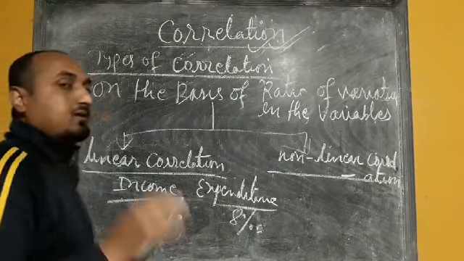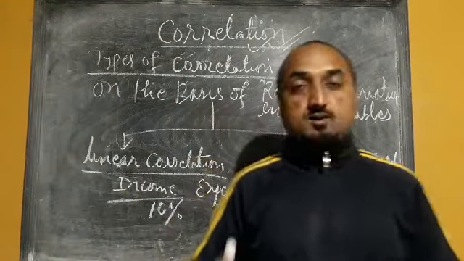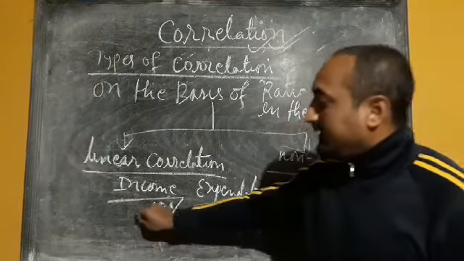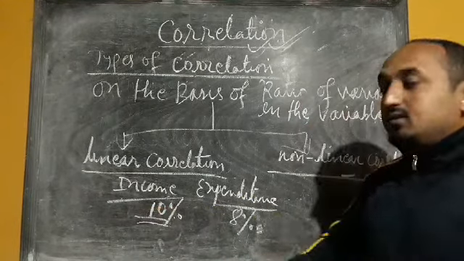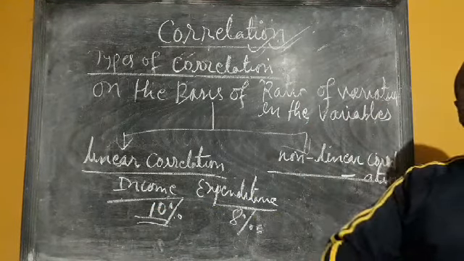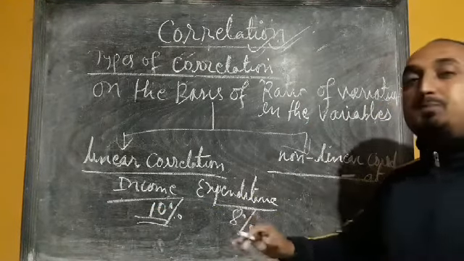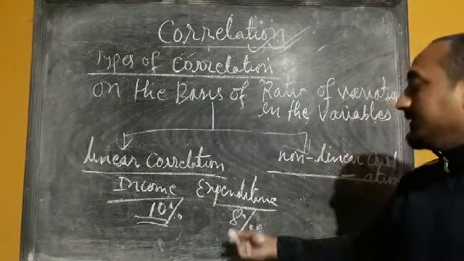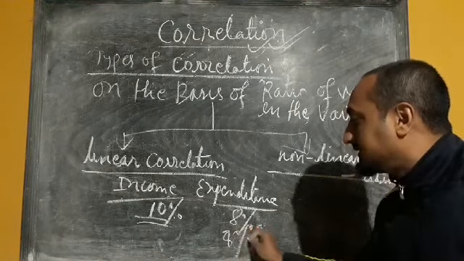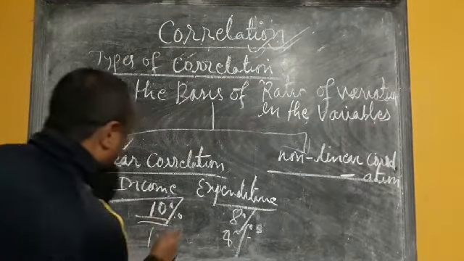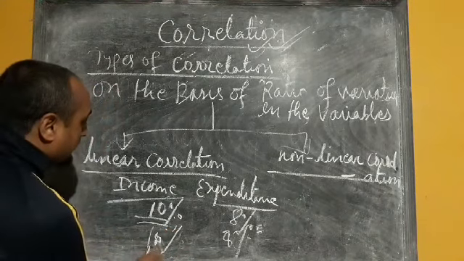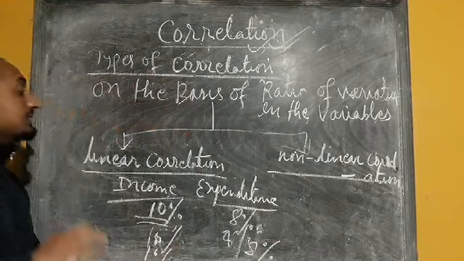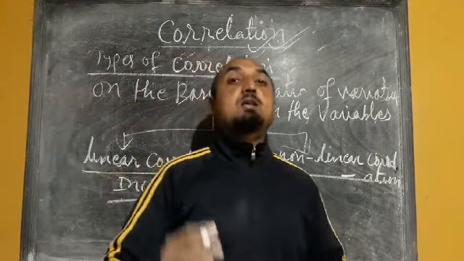Not only one time but every time. Next time also, if your income is changing by 10%, again your expenditure is changing by 8%, then that type of relationship is called linear relationship.